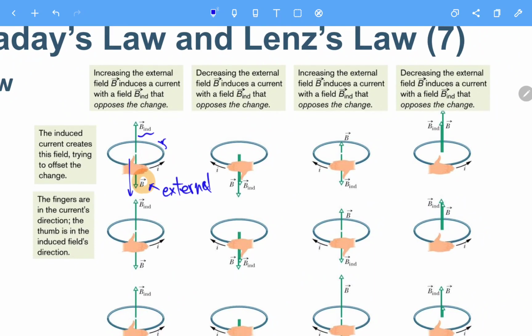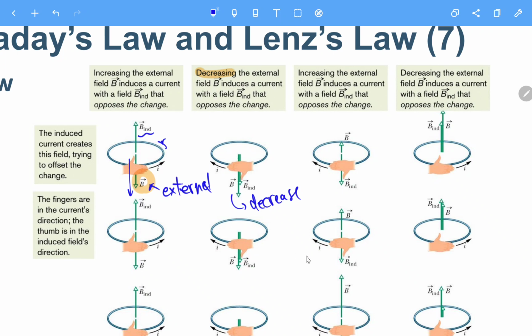The next case is the external B field increases until the maximum point, and then it starts to decrease. The external B field is still pointing downward, but it starts to decrease, so the magnetic flux pointing downward becomes smaller.